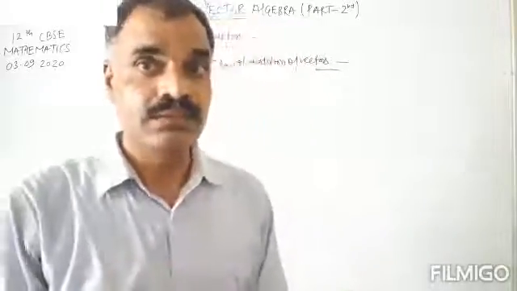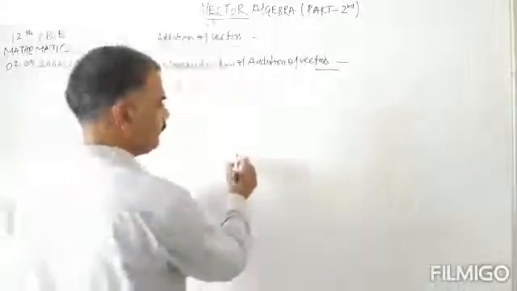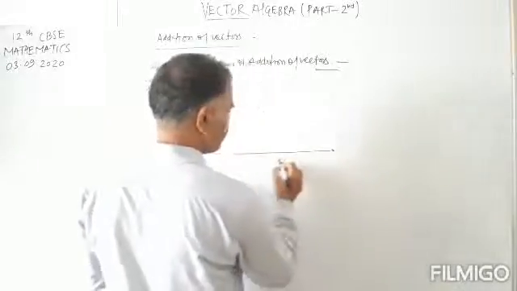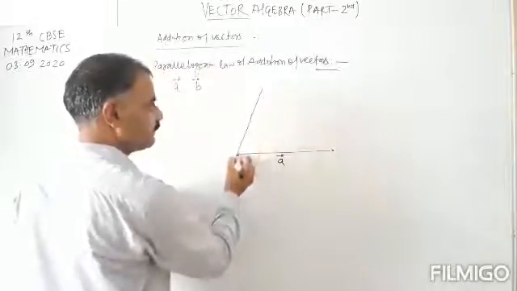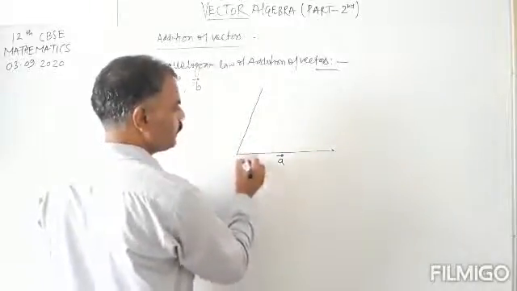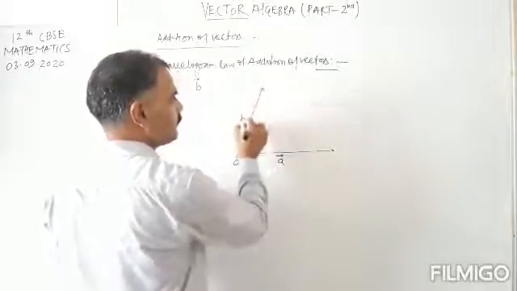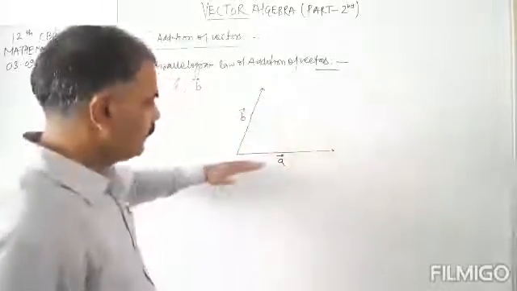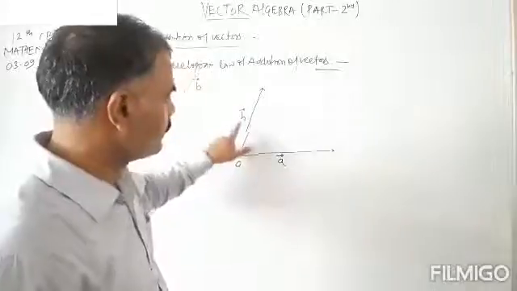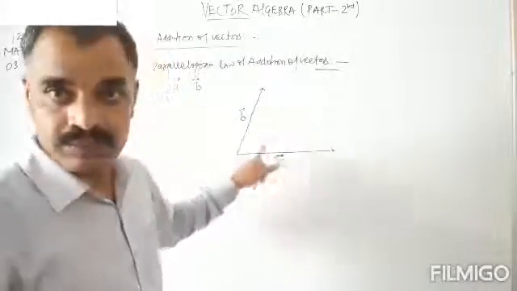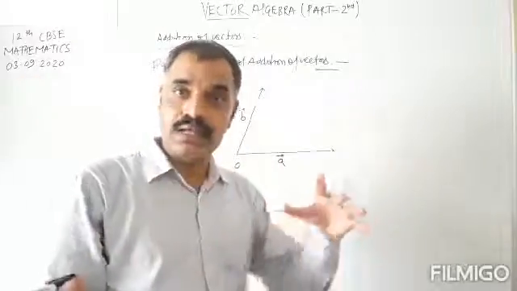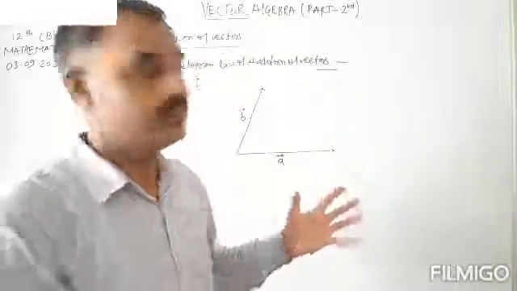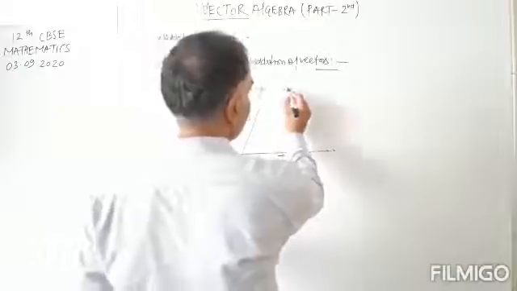What does it mean? It means that if A vector is this and B vector is another vector with the same initial point O, then their sum, A vector plus B vector, is represented by the diagonal of the parallelogram.